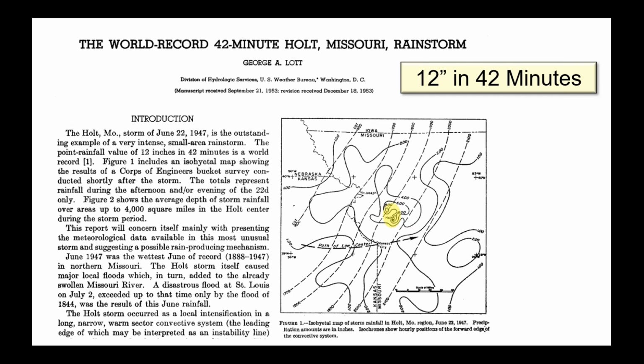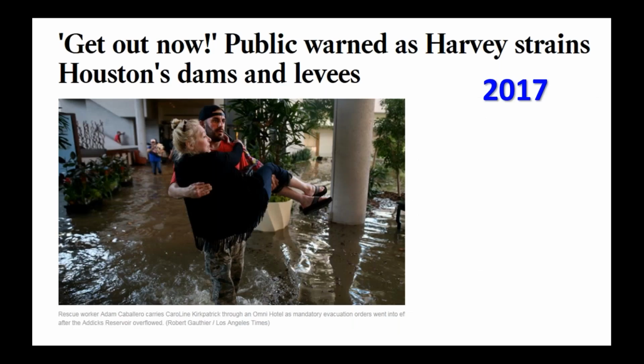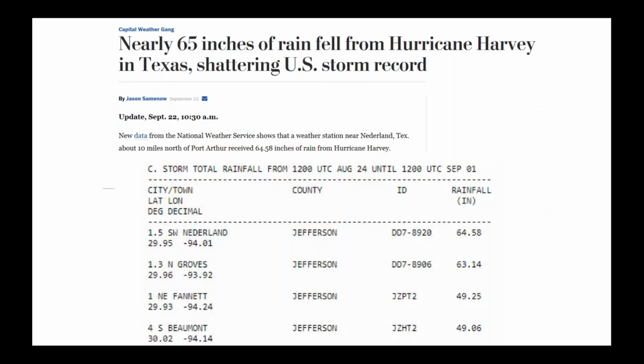Not only is that a record in the United States, but I believe it's a world record. That's the most rainfall in that period of time, 12 inches in 42 minutes. Now, if you look at what happened when Harvey hit Texas back in 2017, during that event, there was 65 inches of rain that fell during a 3-day period.